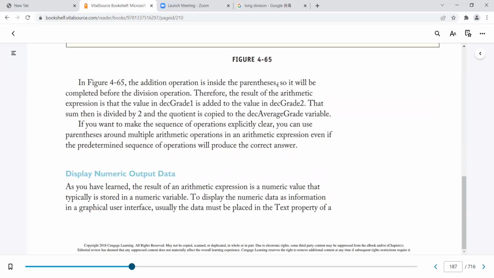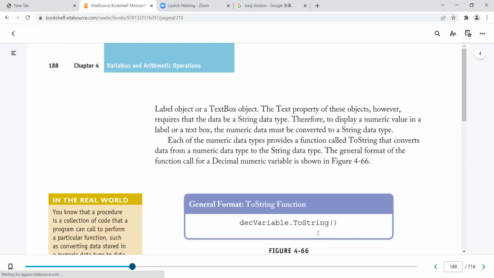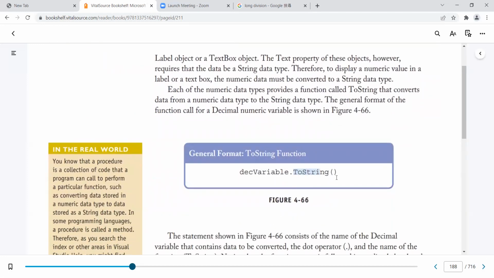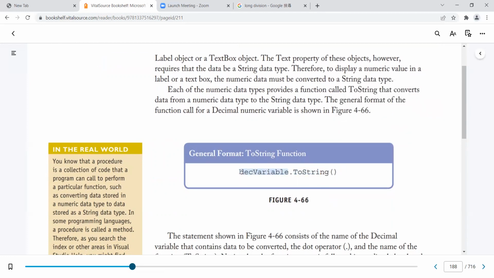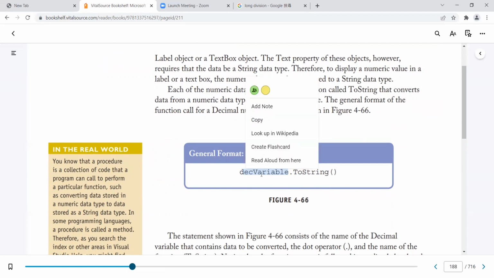We have to switch it to string type by using another operation called toString. On these variables, I perform the toString operation. So whatever your decimal variable is, you switch it to a string variable. Okay, any questions, guys?